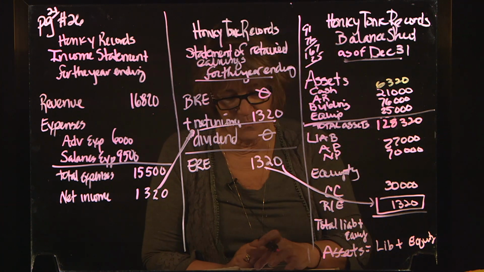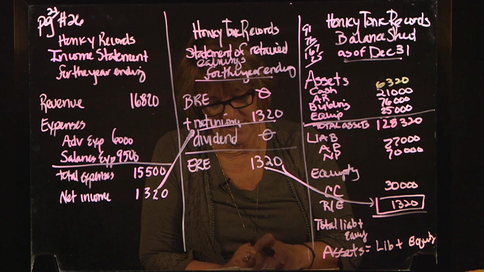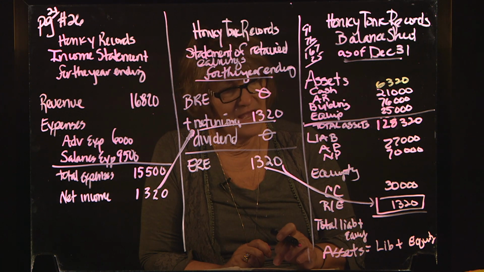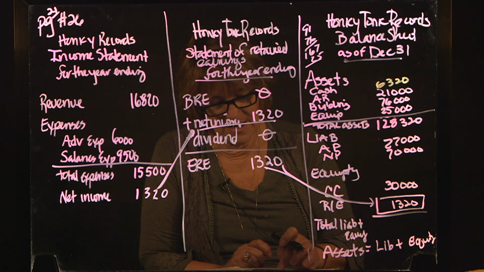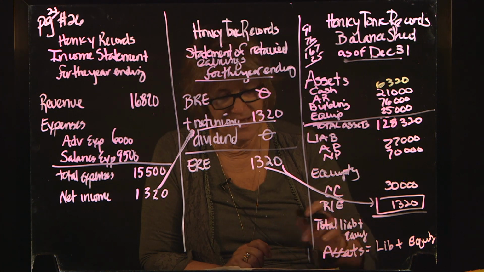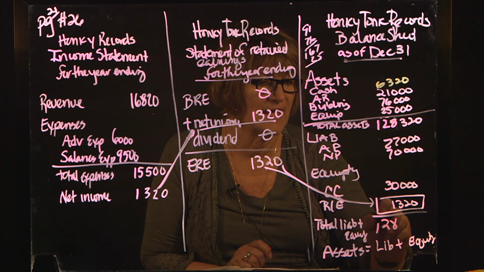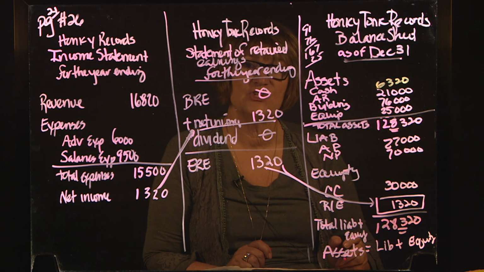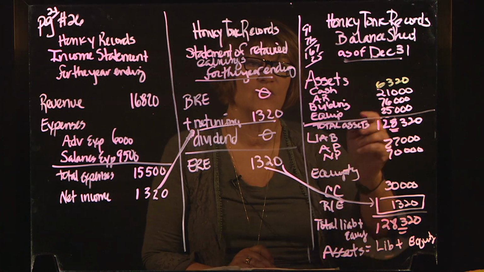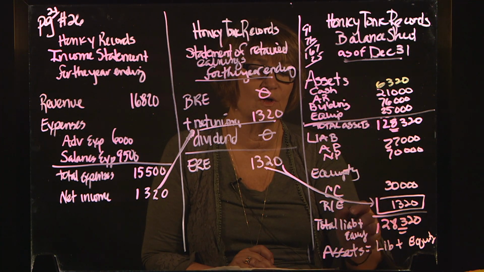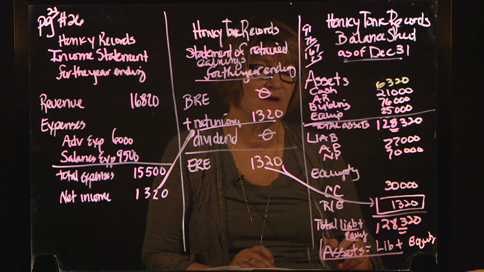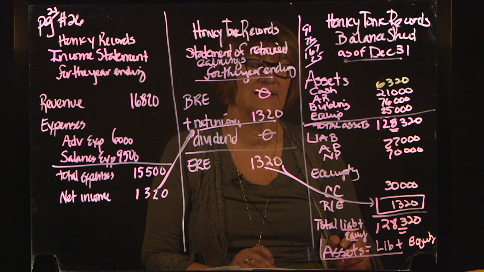And when we go down and we add the liabilities, the 27,000 plus the 70 plus the 30 plus the 1320, we get 128,320. So, hence, a balance sheet. We are in balance. Your total assets must equal your liabilities and your equity. That is the formula for your balance sheet.